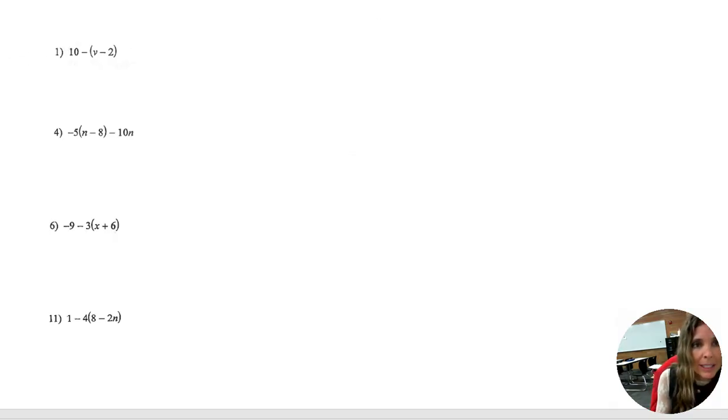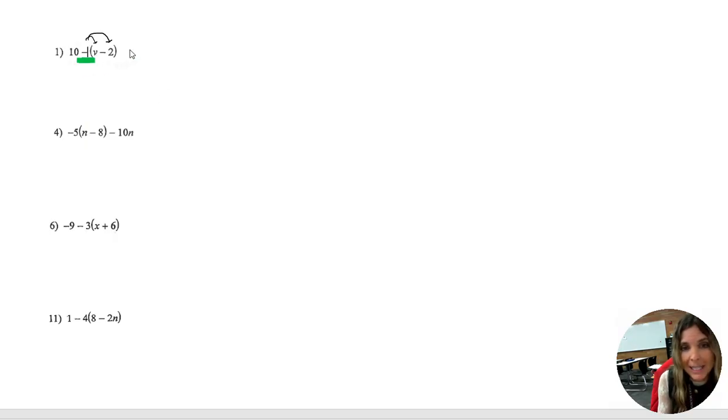When we look at this question, the very first thing that I want you to recognize is that the thing that is right next to the parenthesis is a subtraction sign. And so if you ever have a situation where you have a subtraction sign that's right next to a parenthesis, that subtraction sign has to be distributed to both of the terms inside the parenthesis.